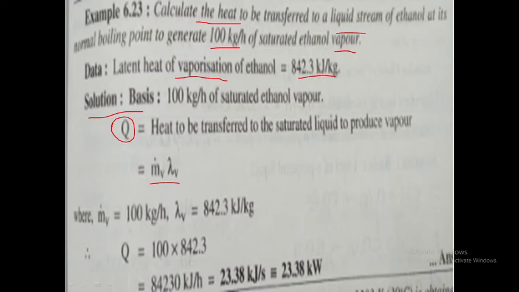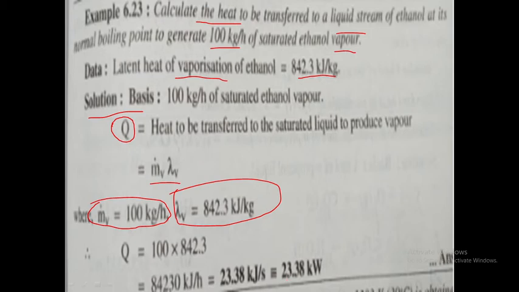The m dot v value is the given data, 100 kg per hour. Lambda v is also given data, 842.3 kilojoule per kg.